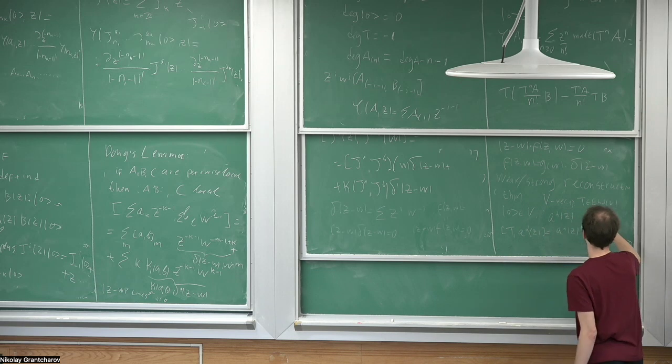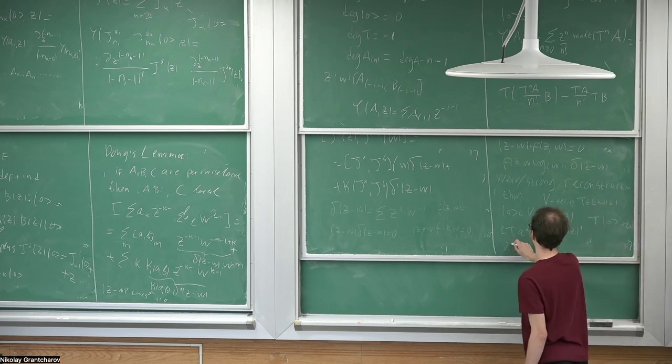So T of the vacuum is 0, and A alpha of Z applied to the vacuum.